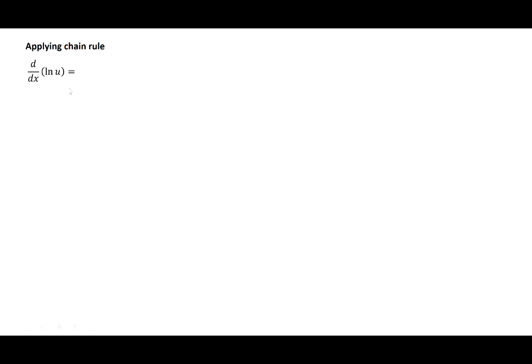Isn't that something we did all the time while applying chain rule? It's the same idea. d/du of natural log of u times du/dx, and that is equal to 1 over u times du/dx. Cool. Now we'll apply that to quite a few problems.